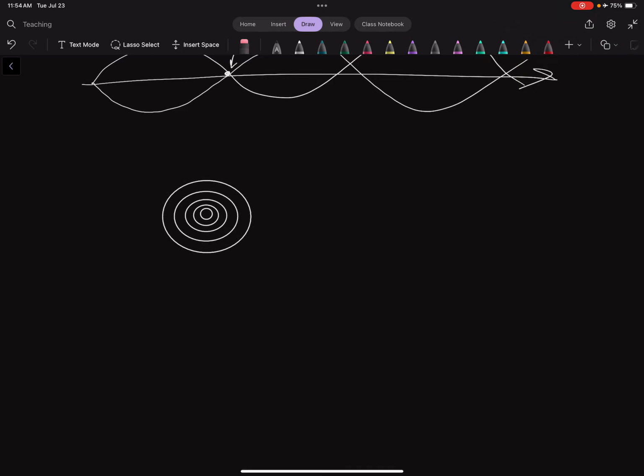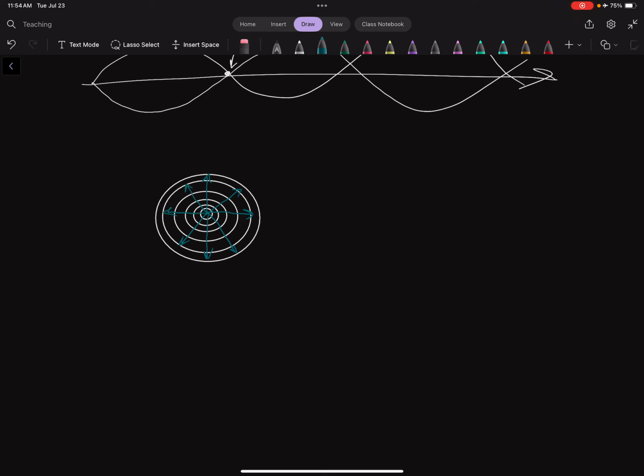That one was pretty good. All right. And imagine those are all equally spaced. So we have a wave propagating outwards, right, in all directions. And it's now in 2 dimensions.